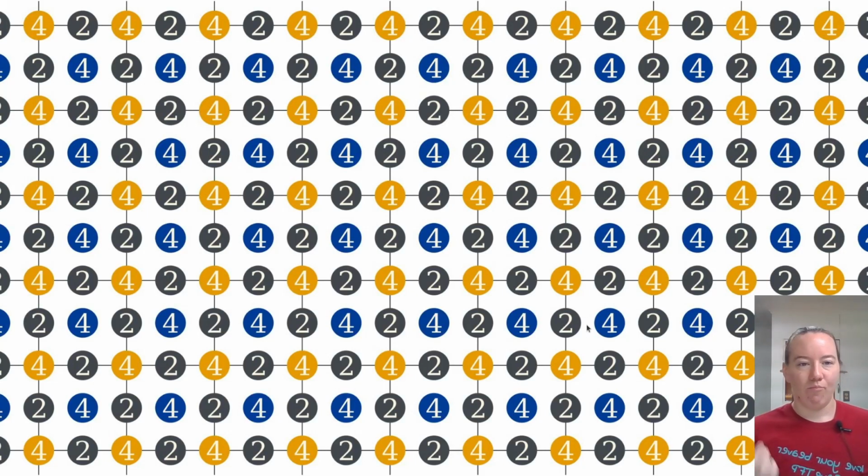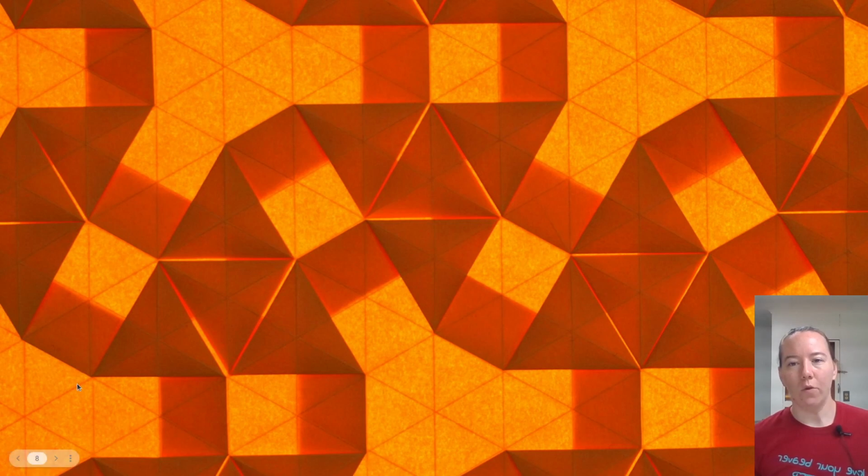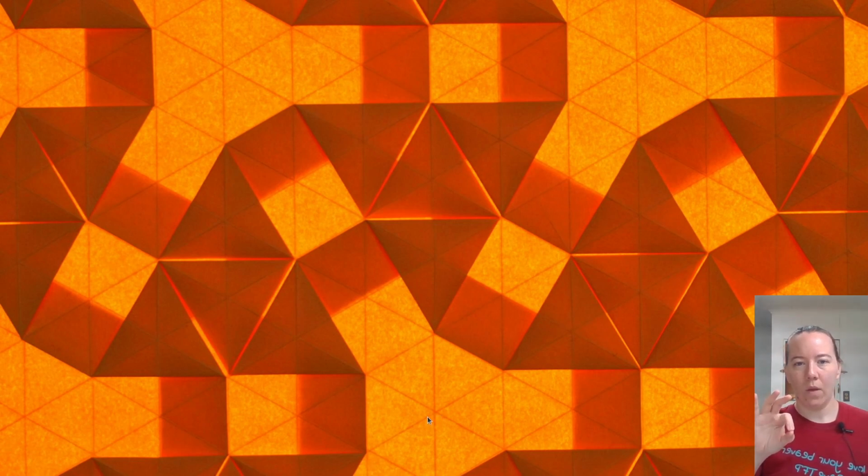And then next symmetry type, we've got triangles. So we've got triangle 1, triangle 2, and then this image is coarse enough that you can't really see the third position of threefold rotational symmetry, which is in between these 6 triangles that I already pointed out.